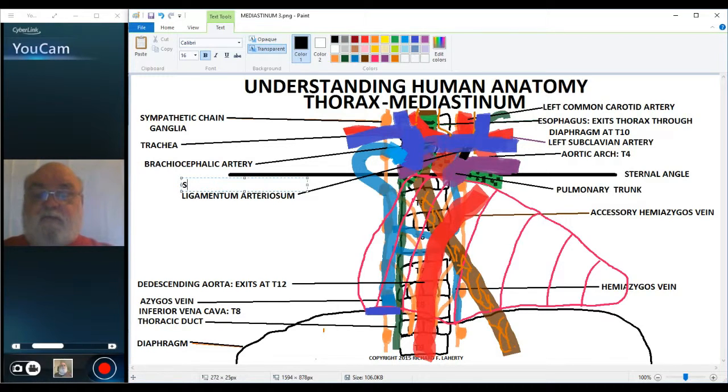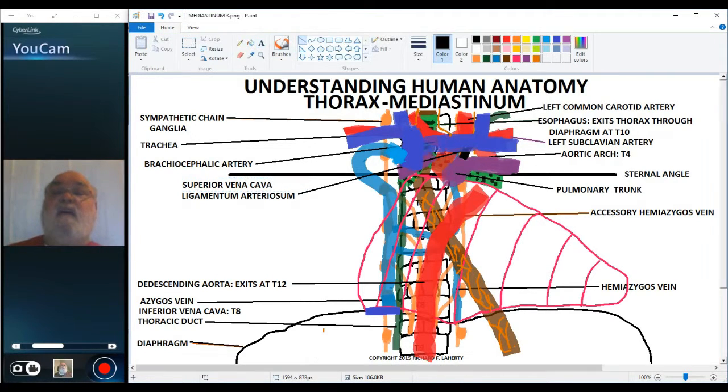We have the superior vena cava, it is here.